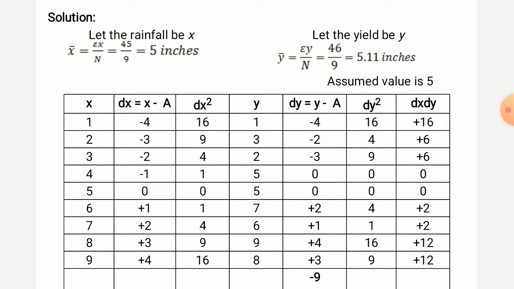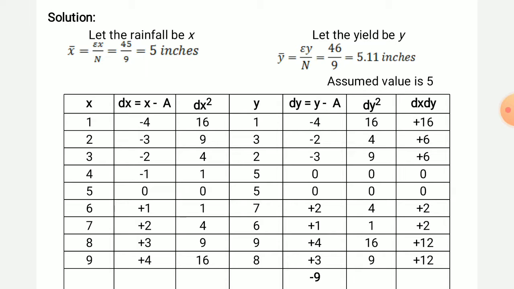So here also 5 is taken as assumed value. 1 minus 5 minus 4, 3 minus 5 minus 2, 2 minus 5 minus 3, 5 minus 5 0, again 5 minus 5 0, 7 minus 5 plus 2, 6 minus 5 plus 1, 9 minus 5 plus 4, 8 minus 5 plus 3.